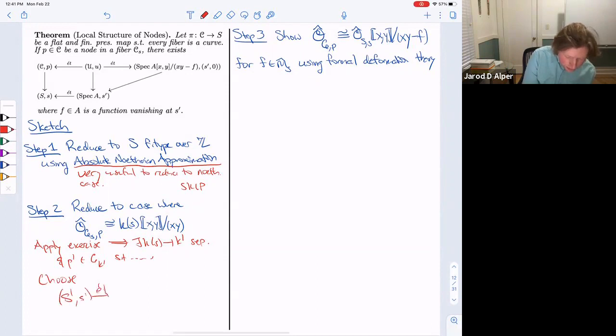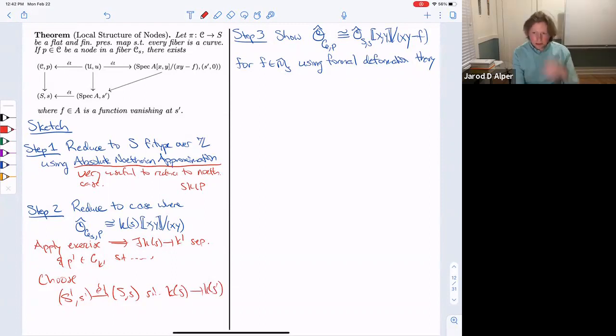Then you have to choose S prime. You have to choose an étale neighborhood of S, and the way you do it is you just choose an arbitrary étale neighborhood such that the induced map on residue fields is the desired one, such that this is isomorphic to K prime over K_S. So we know that after a finite separable field extension, we can get the node in the standard form, and then you just choose an étale neighborhood that induces that separable extension of fields.